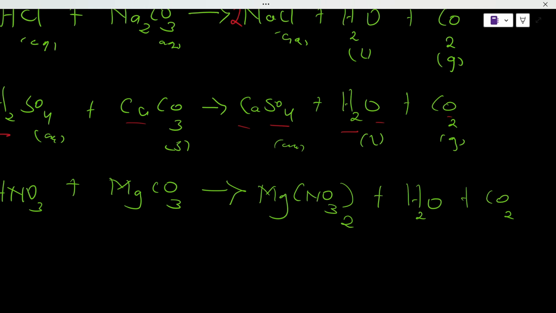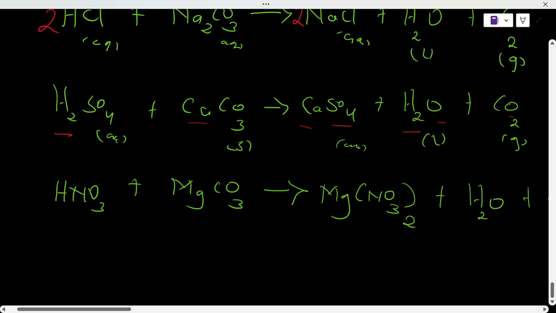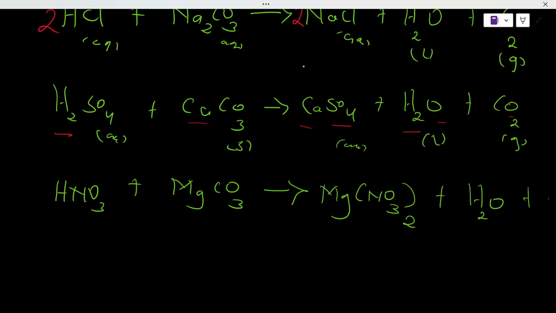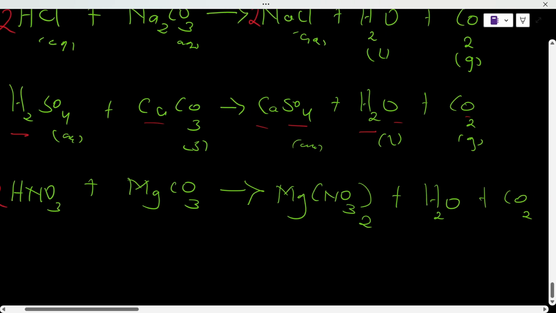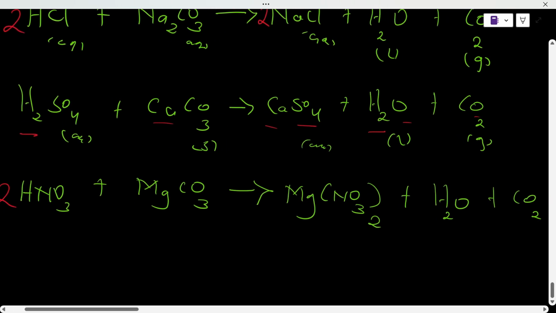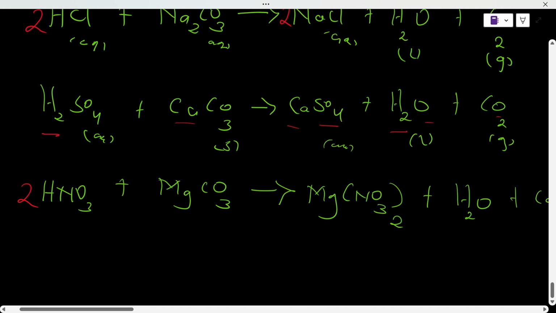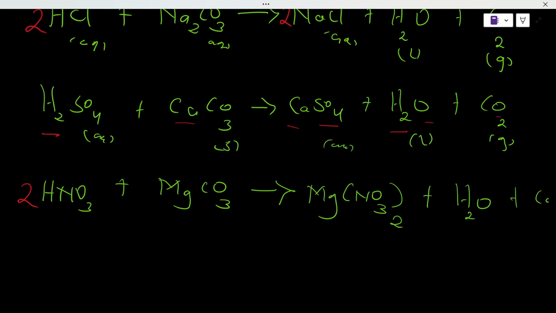When that happens, we are going to balance it. The only simple thing we are going to do here is just adding a 2 here, to balance the hydrogens, which are 2 on the other side. Then nitrates are 2, we will also balance nitrate. Then the equation is balanced.